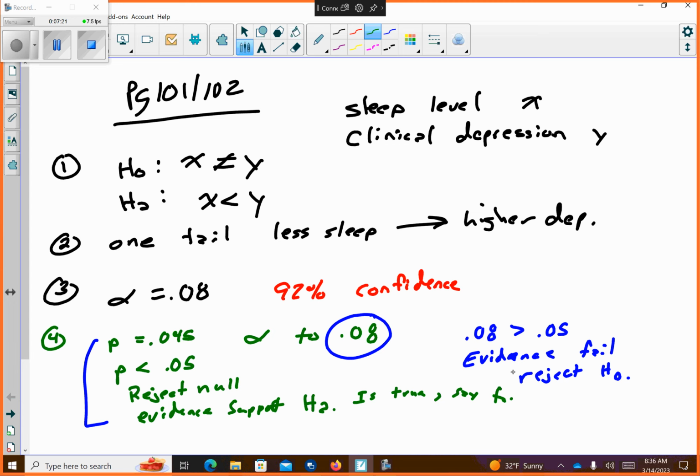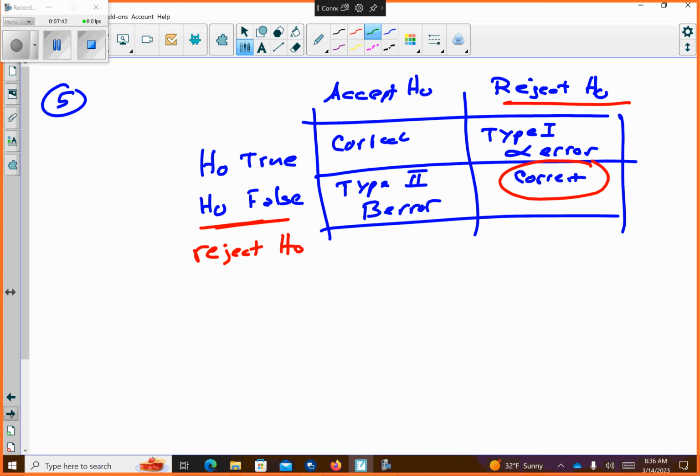Oh, wait. I just said that backwards. I'm sorry. Is the null true when we said false? Okay, is the null true? And this one we said we rejected the null. We reject the null when it's false. So let me see if that's it.